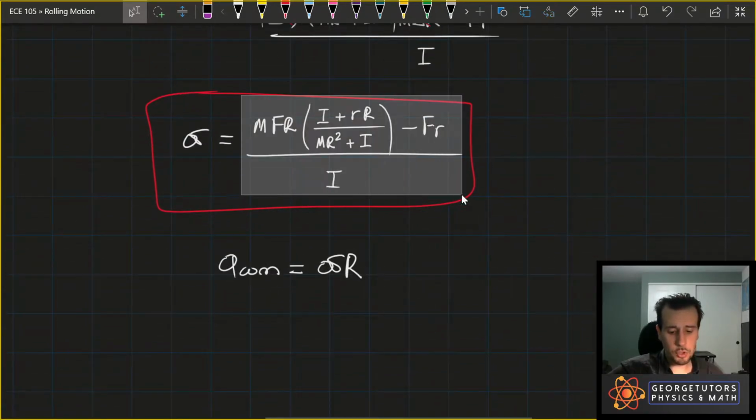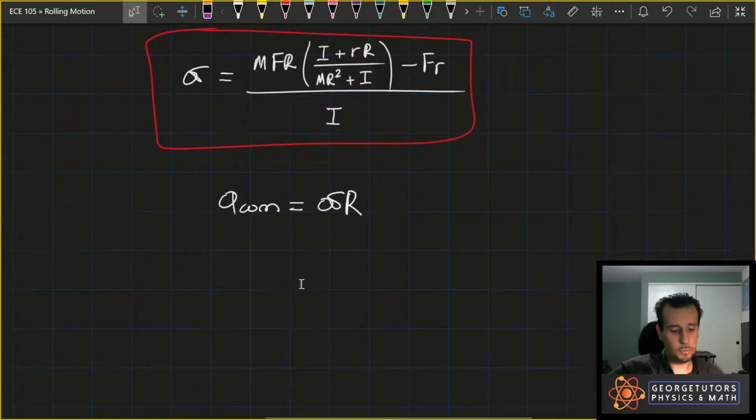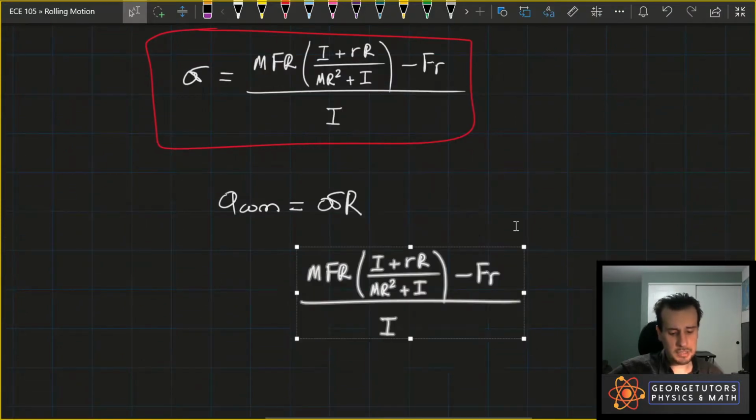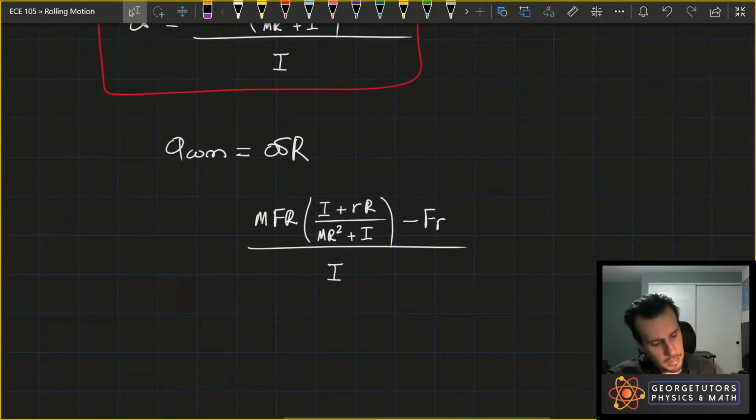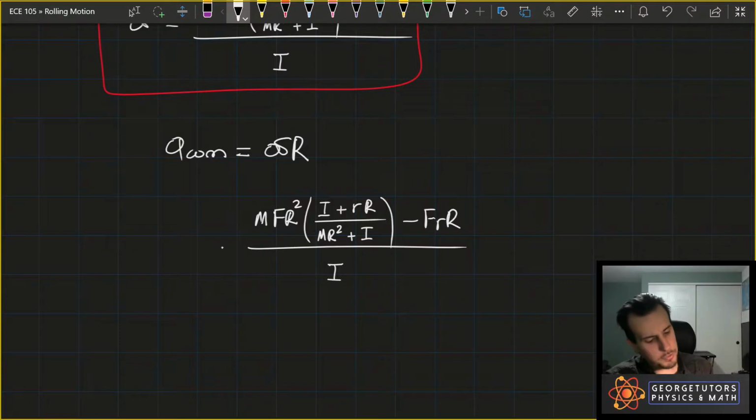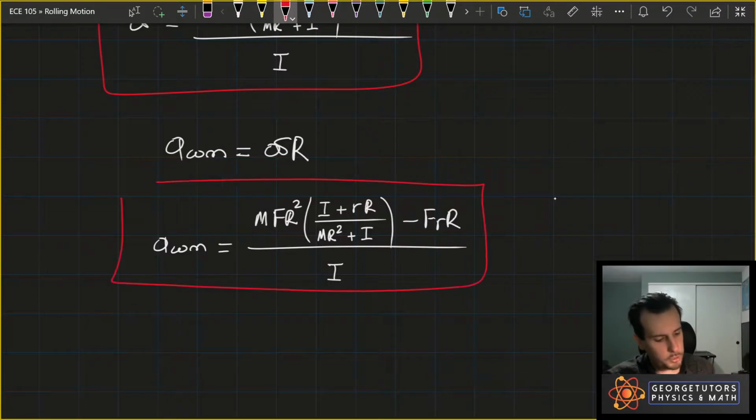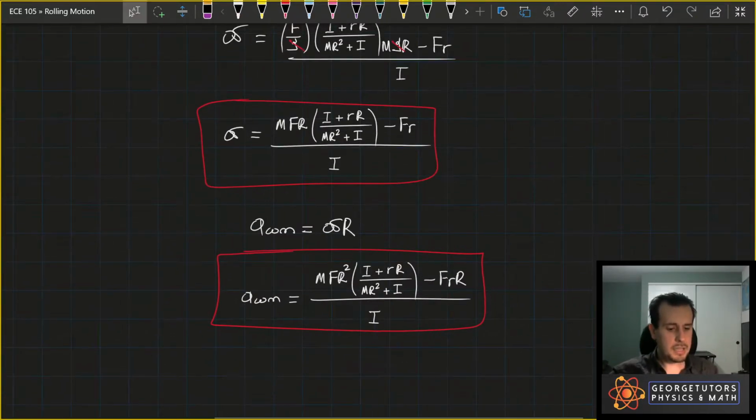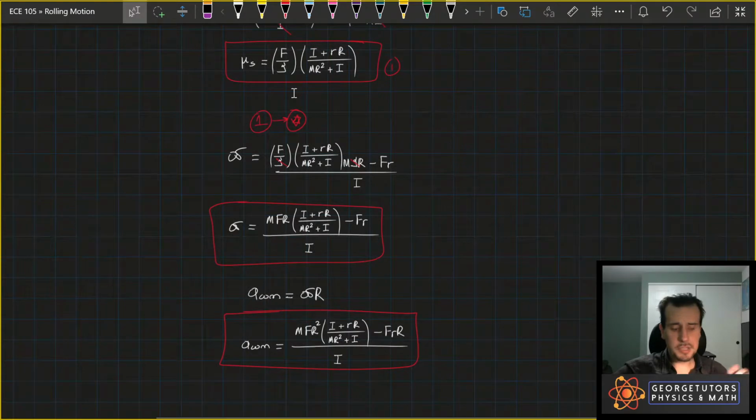You just take this result here and multiply it by capital R. That's going to get you exactly what you need. So I can represent that by just introducing here a square and an R right there. That's going to be exactly my linear acceleration. Hopefully no algebra mistakes. And that's how we basically obtain all 3 of the requirements.